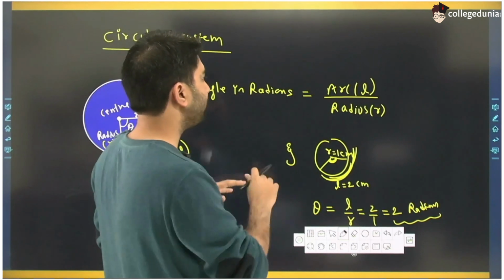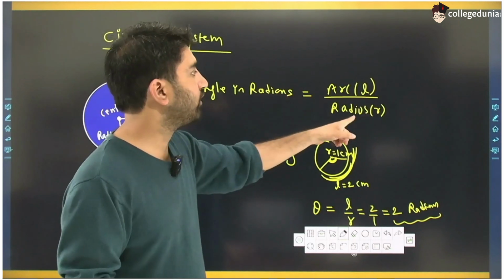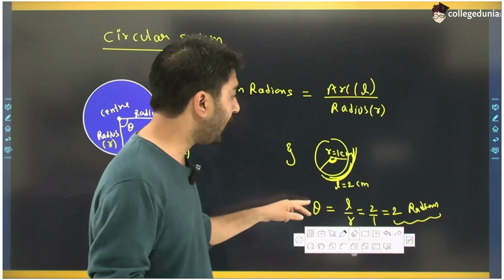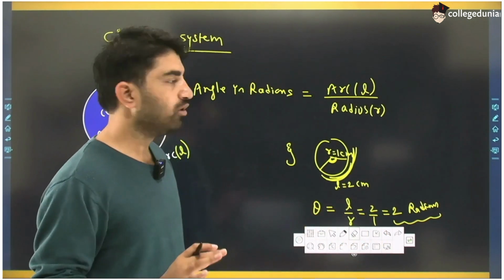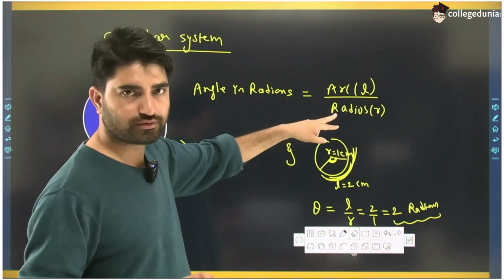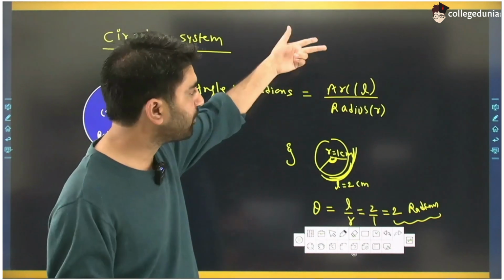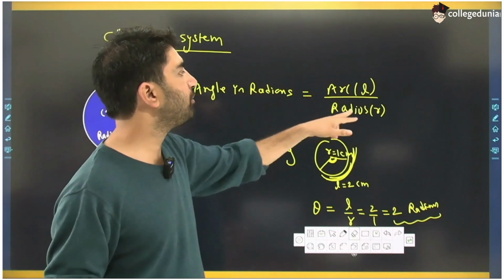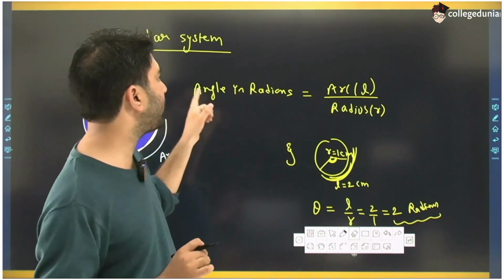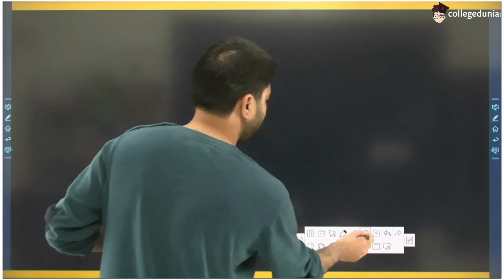If we talk about radius, then angle is inversely proportional to radius. It means if radius is increased, the denominator is increased, then angle in radians will be decreased. So these 2 things make the angle in radians, arc upon radius. Angle is directly proportional to arc, that's why it is in the numerator, and angle is inversely proportional to radius, that's why it is in the denominator. The ratio of arc and radius will make the angle in radians. Okay, fine. So let's make a circle.